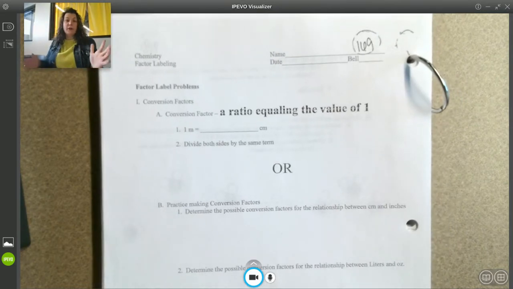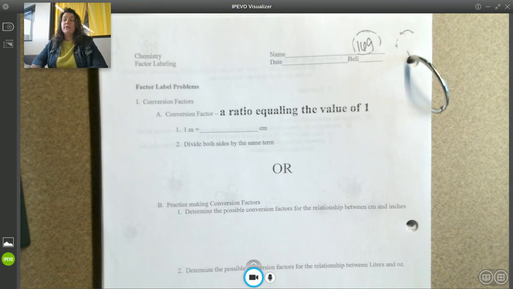So let's first talk about what a conversion factor is, okay? Let's think of what this word means. Conversion means changing from one thing to another, and a factor is often a fraction. So a conversion factor, when we put those two things together, is just a ratio, which is a fraction, equaling the value of 1, okay?